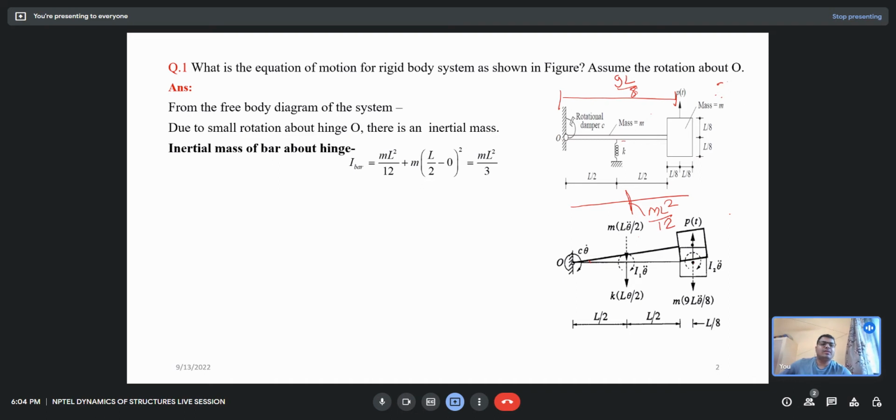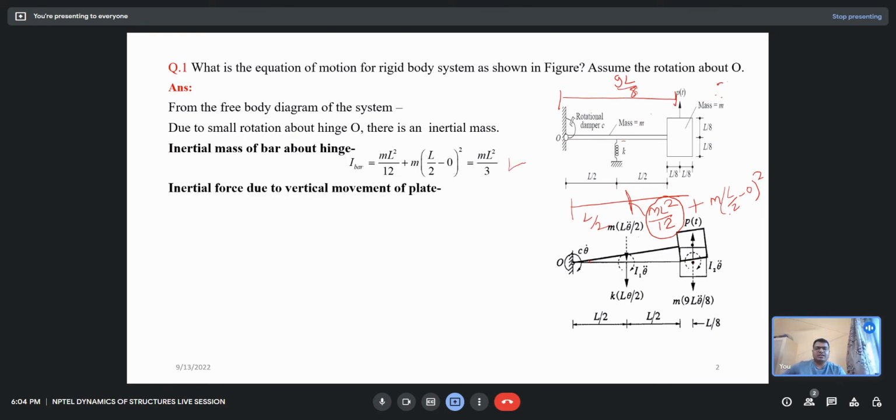If I take it about this end, which is L by 2 away, by the parallel axis theorem it is ml square by 12 plus m into (L by 2 minus 0) square. That will give me ml square by 3.